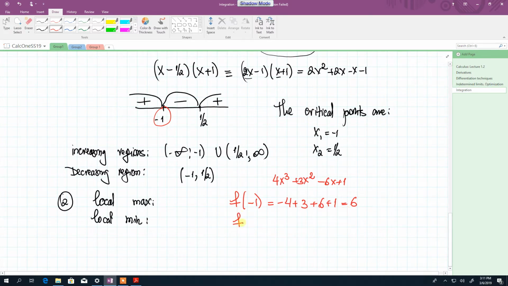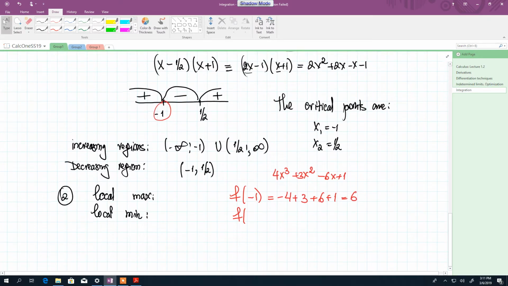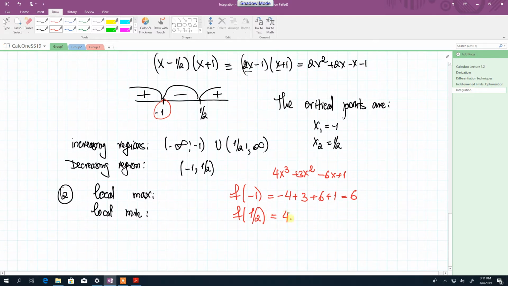What is its local minimum? We don't know yet, but we know that it attains its local minimum at the point 1 over 2. Why? Because before 1 over 2 it decreases, then after 1 over 2 it starts to increase. So that is why at 1 over 2 the function attains its local minimum. So this will be 4 multiplied by 1 over 8, plus 3 multiplied by 1 over 4, minus 6 multiplied by 1 over 2, plus 1.